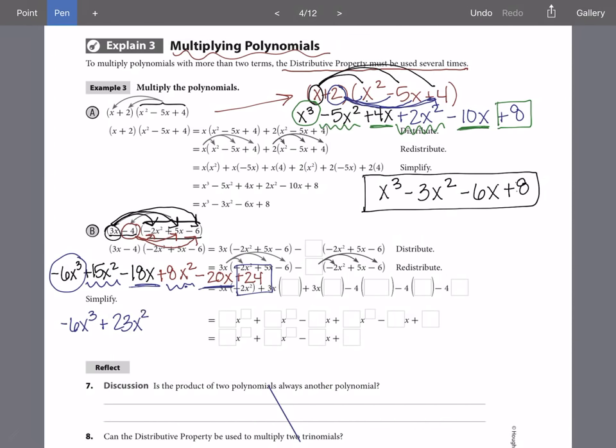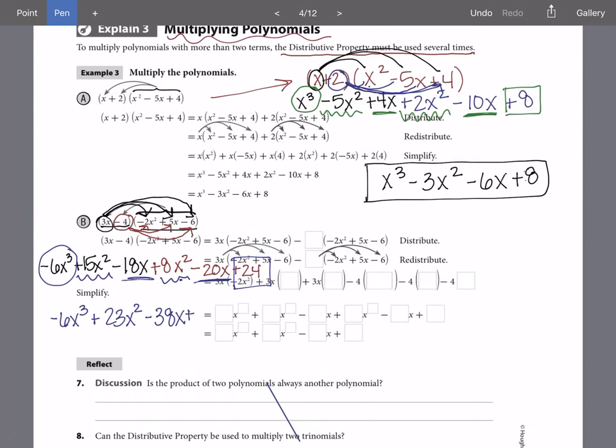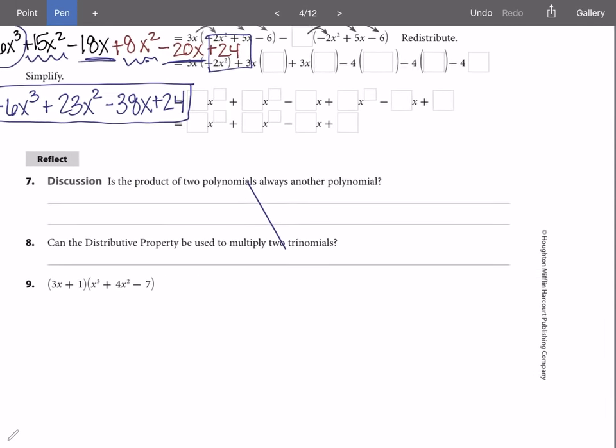I have a negative 18x minus 20x, which is going to give me a negative 38x, and then plus 24. And so this would actually be my final answer.